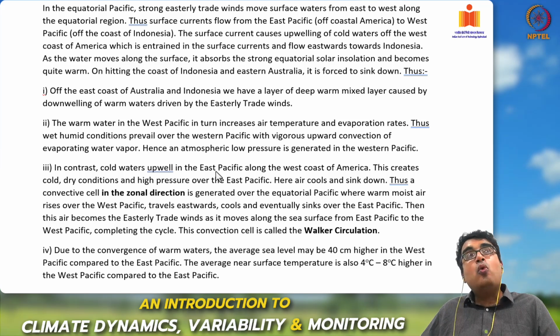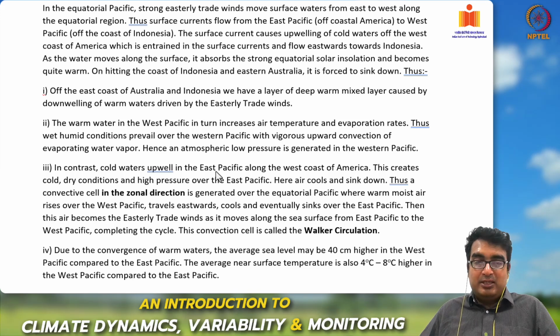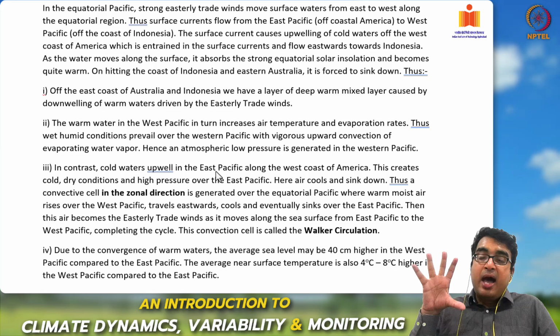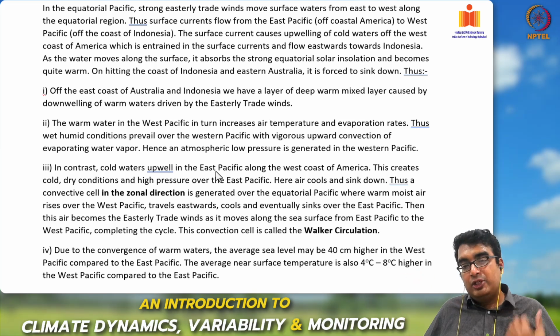So, the air cools and sinks down off the western coast of the Americas in the East Pacific. Thus, we have a high pressure zone in the East Pacific and a low pressure zone on the West Pacific along the equatorial and the subtropical region.